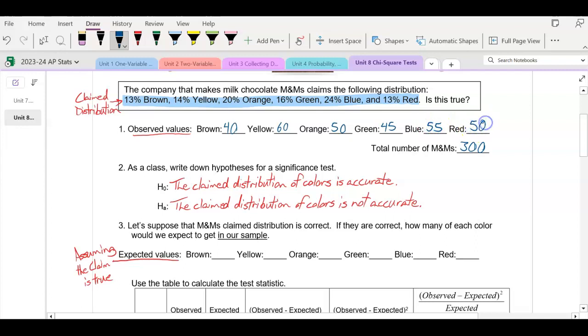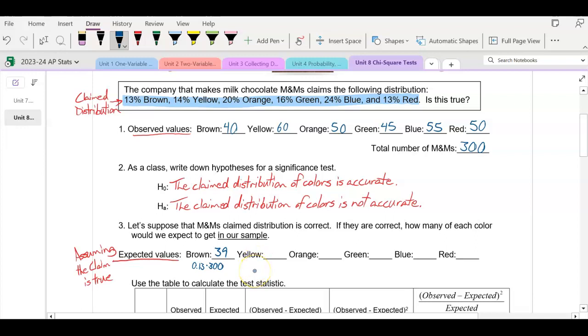I think it should add up to 300. Yeah, 100, 100, 100. Yep, that's 300. So our expectation out of 300, if we have 13% brown, we would do 13% of that 300. We would expect to get about 39 brown, and that looks about right so far.